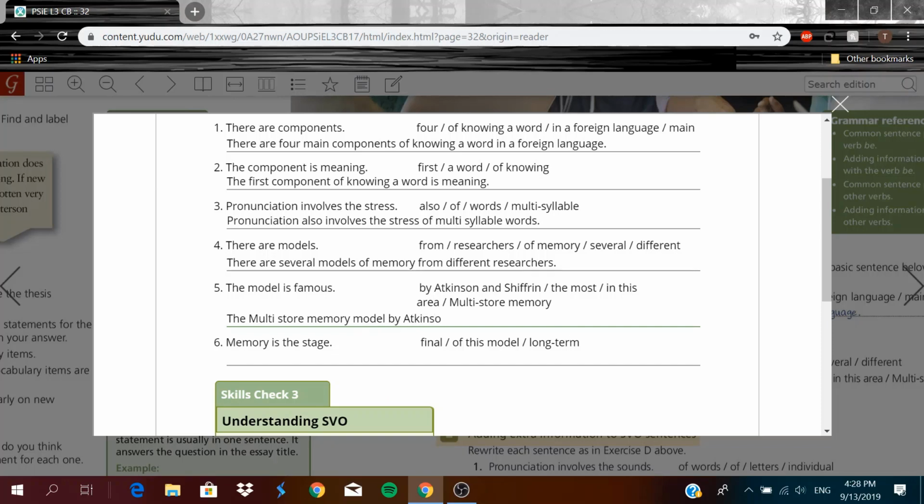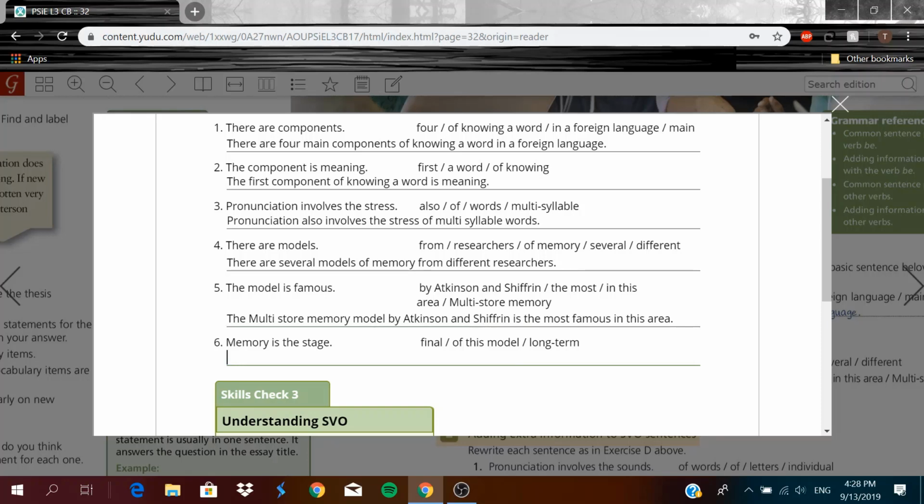Atkinson and Shiffrin is the most famous in this area. And I wrote that wrong. Hold on, give me a second. Famous, and I think Shiffrin's correct. Yeah, Shiffrin's correct. Full stop. Okay, so the multi-store memory model by Atkinson and Shiffrin is the most famous in this area.